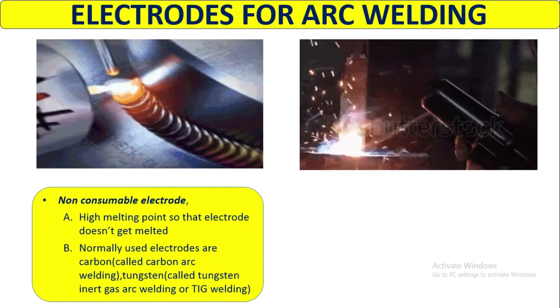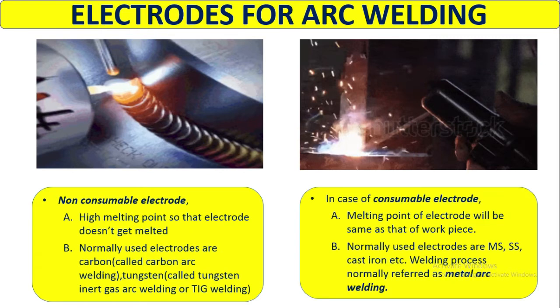Now you can see the two types of electrodes in welding: one is the non-consumable electrode, another is the consumable electrode. The non-consumable electrode has a high melting point, so it does not get melted. The tungsten electrode has a very high melting point, so that's why we use tungsten, because it will not be melted.